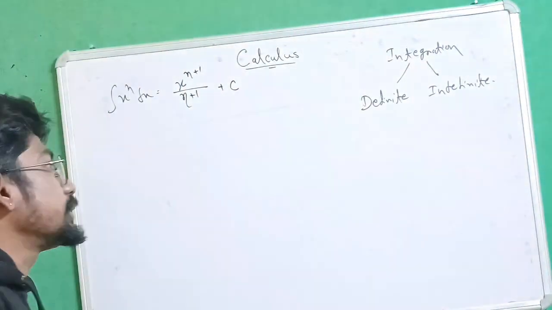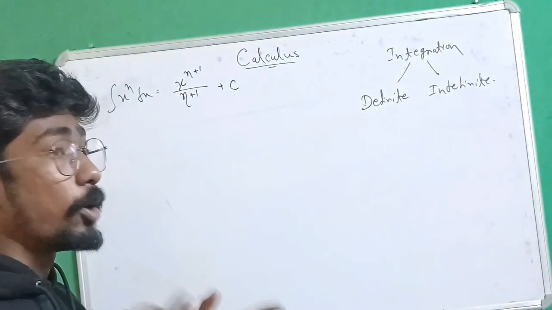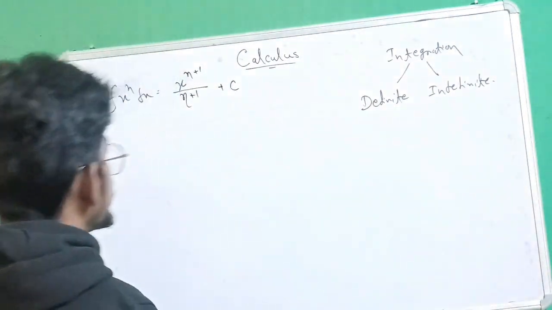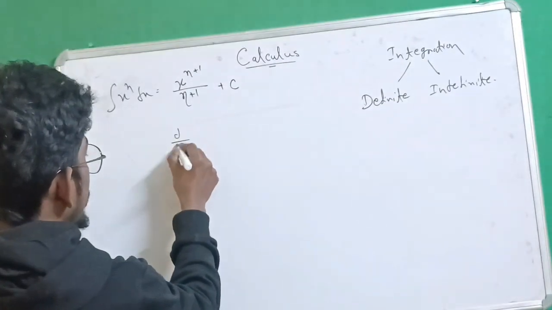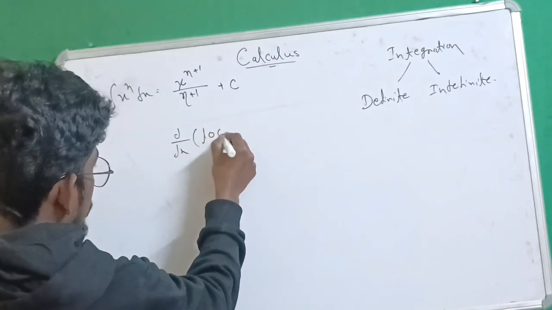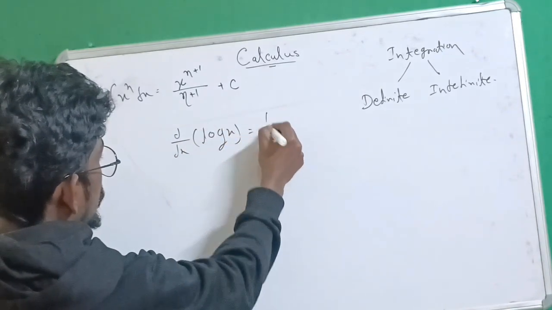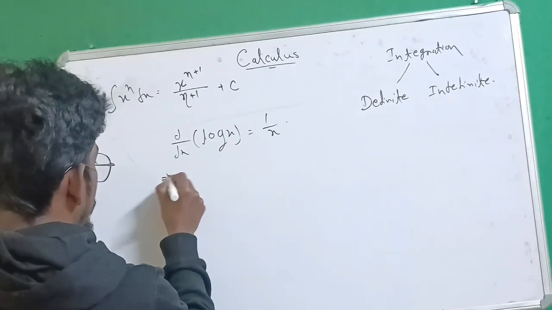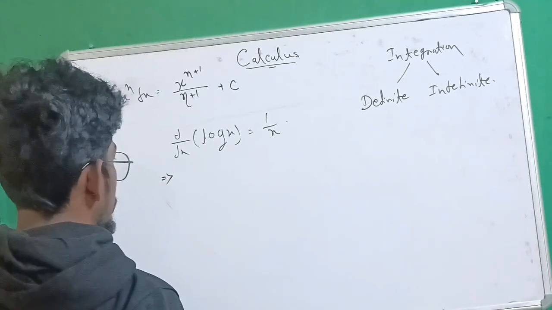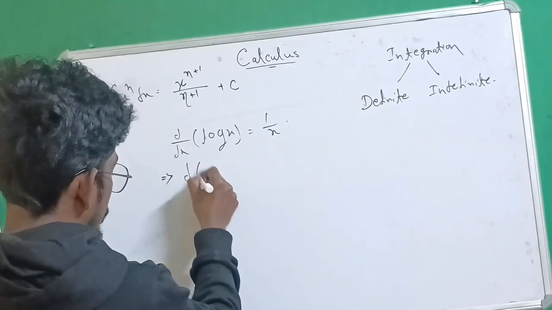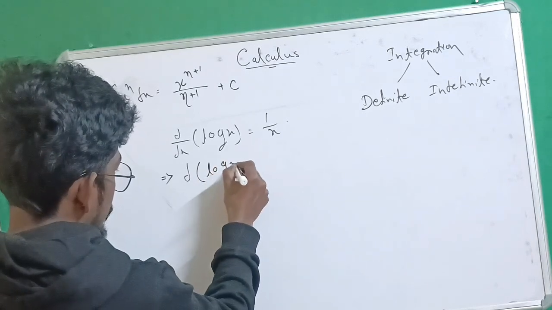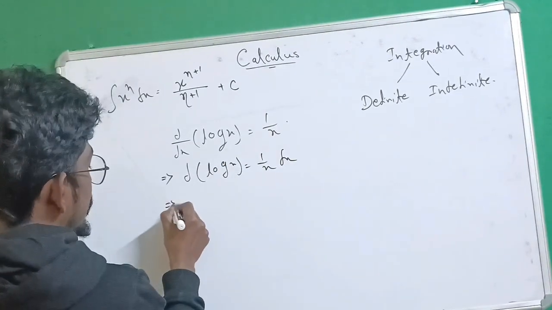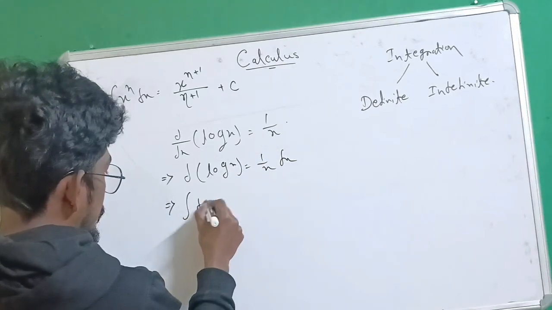Now I will prove what I told you, that integration is opposite to differentiation. Let's take an example. You saw that d dx of log x was 1 by x, the reciprocal. Now cross multiply: d of log x equals 1 by x dx. Now take integration on both sides.